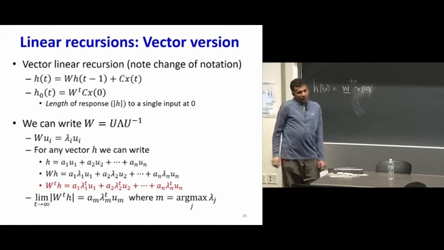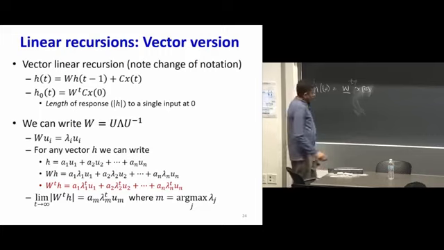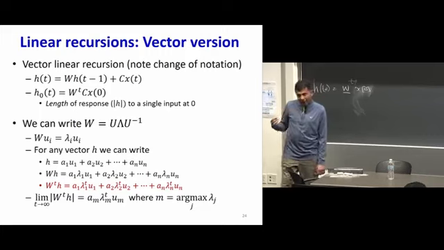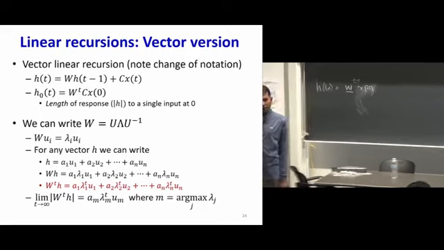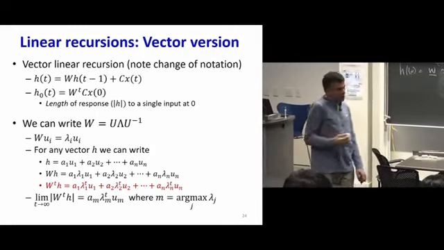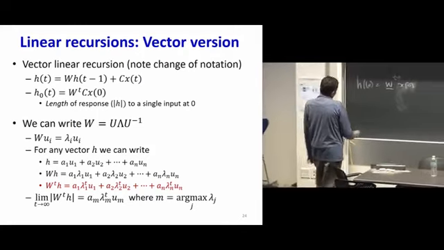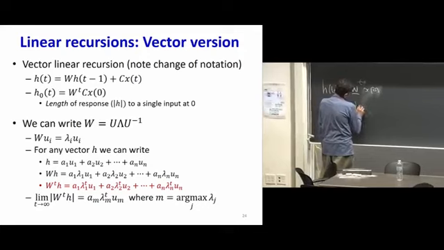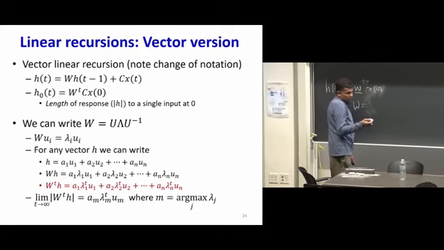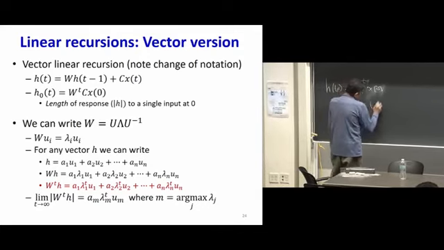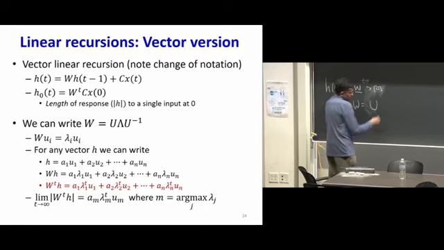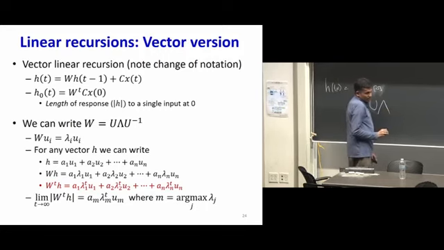Since W is a square matrix, I can write the eigen decomposition of it. What would the eigen decomposition of W be? The eigenvectors times lambda times the inverse, right?